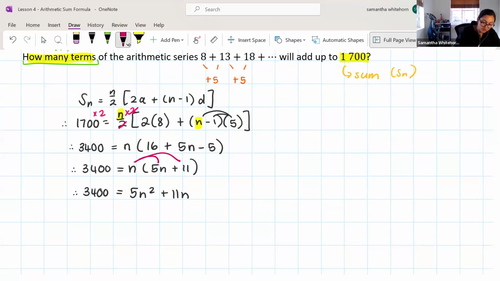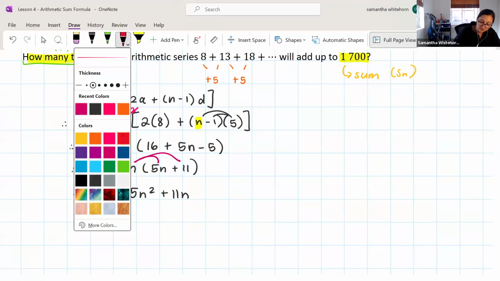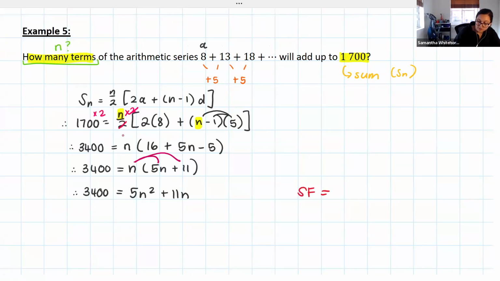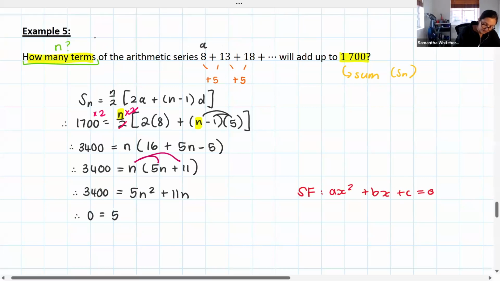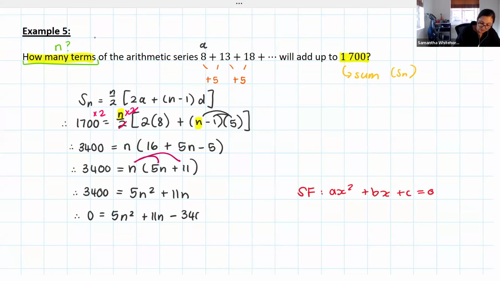This goes back to what I was talking about earlier, that standard form. We want to get ax squared plus bx plus c is equal to 0. So that's what I'm going to do now. 0 is equal to 5n squared plus 11n minus 3,400, because remember, you've changed its side of the equation.